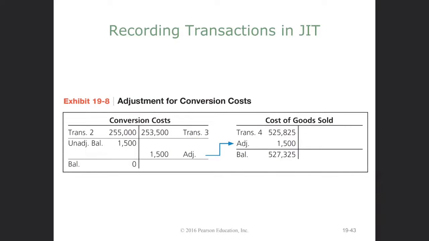The adjustment for conversion costs. So here we actually see it going through our conversion cost account and our cost of goods sold account. So we credited conversion cost for $1,500 and debited cost of goods sold for $1,500 to true that up.